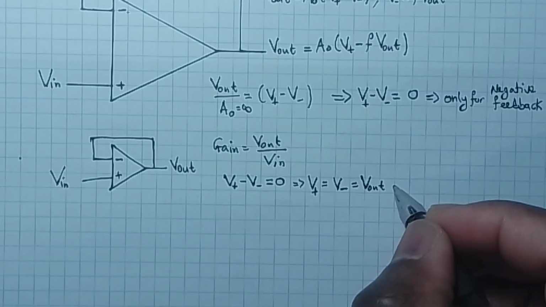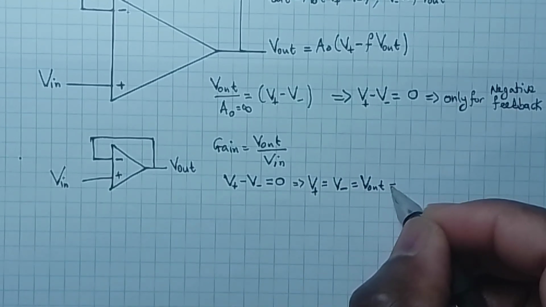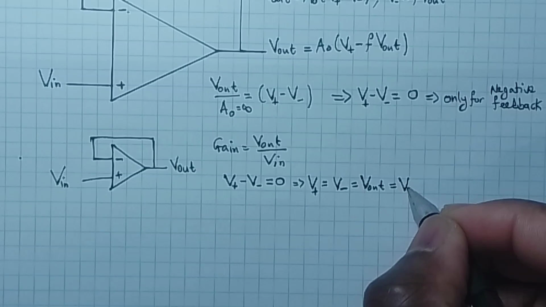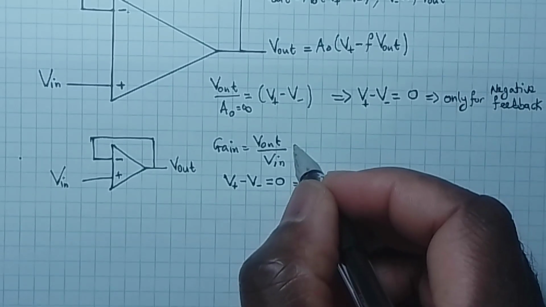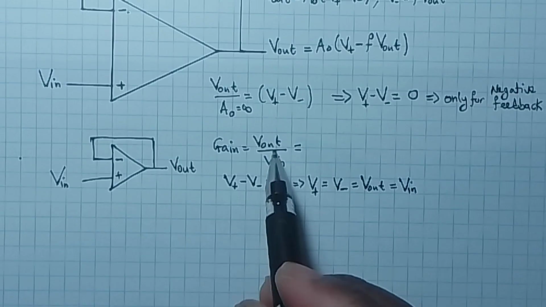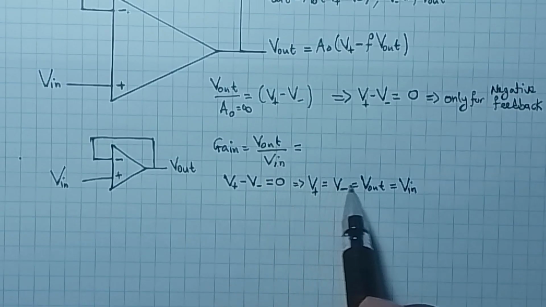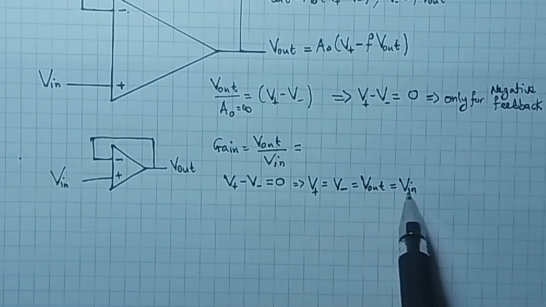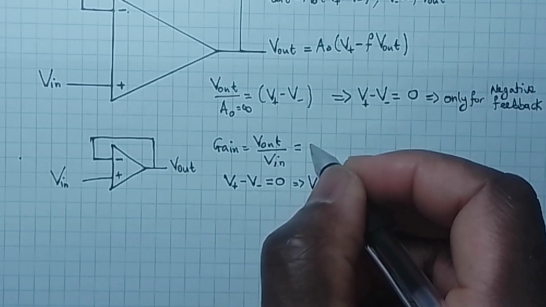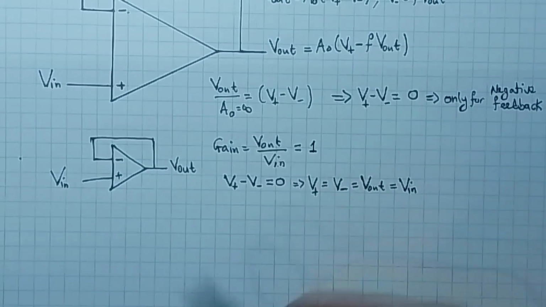So we can say V out as well is equal to V in. So the gain will be V out over V in, but since V out is equal to V in, the gain is equal to 1.